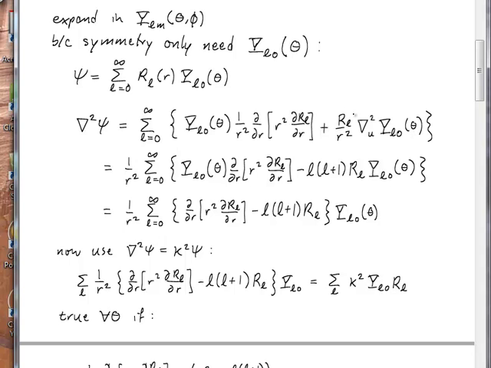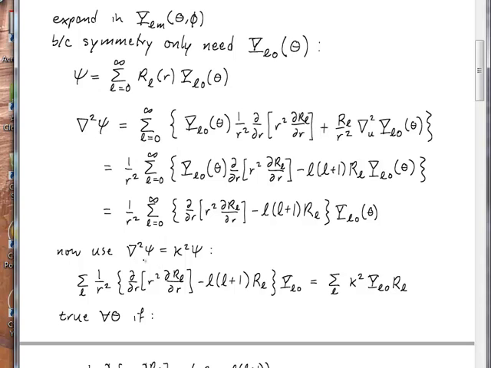Okay, so that is what happens here, and just going through and using the fact that we know the eigenvalues for the spherical harmonics are minus L times L plus 1, we now recover this equation, which can be simplified to this, and so that is del squared psi, just this expression right here.